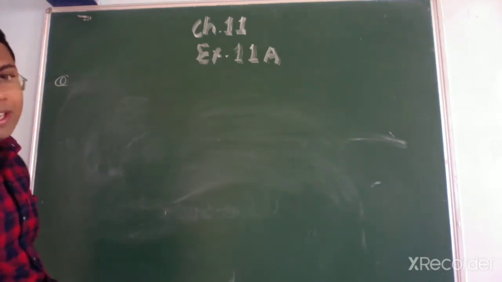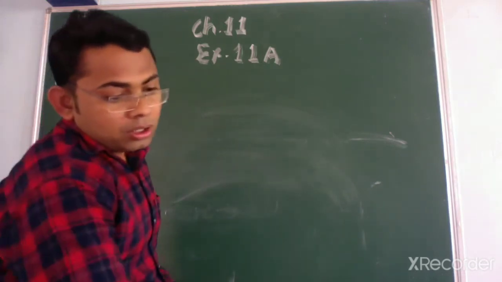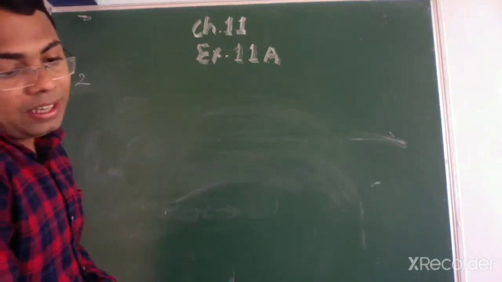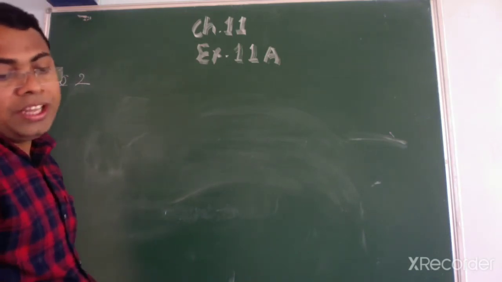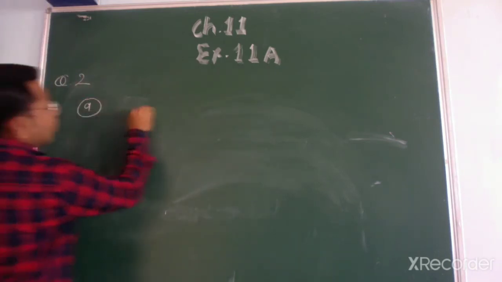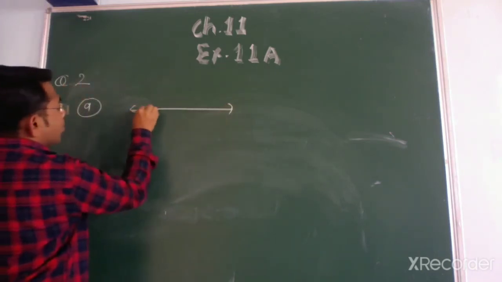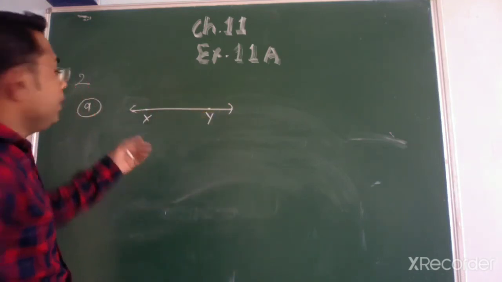In question number second, classify as ray, line and line segments and also name them. The first is X, Y. It's very simple.